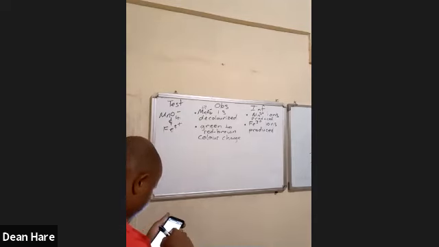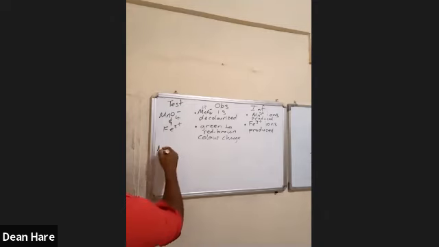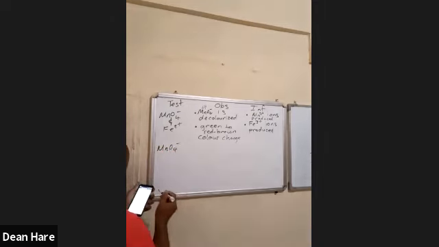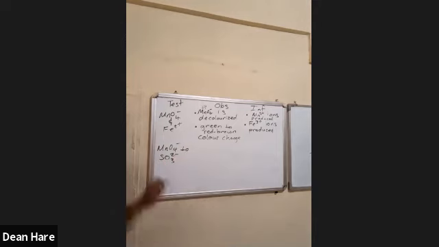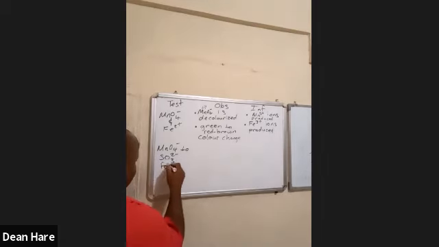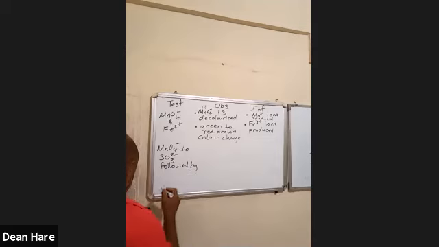All right, for the next column, it says we're adding MnO4 minus again, right? To S2 minus. So it's the permanganate ion with the sulfide ion, followed by barium chloride.